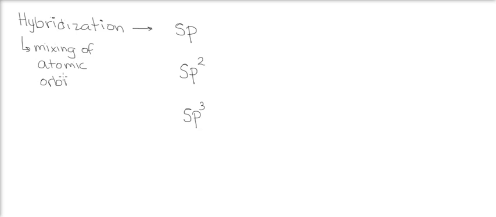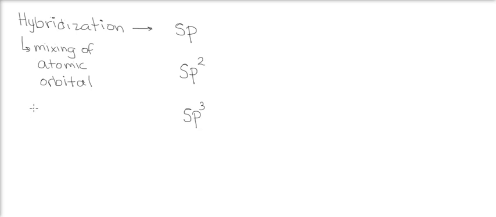And because we're dealing with carbon, nitrogen, oxygen, our halogens, and hydrogen, the only orbitals we really care about for bonding are our s and our p orbitals.